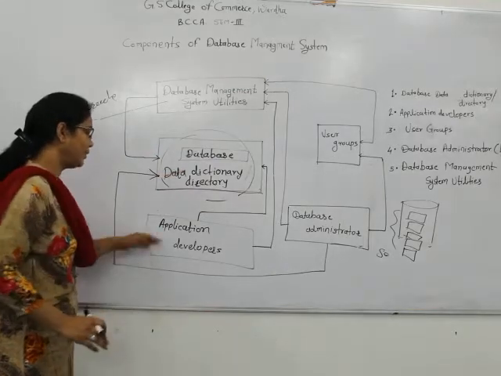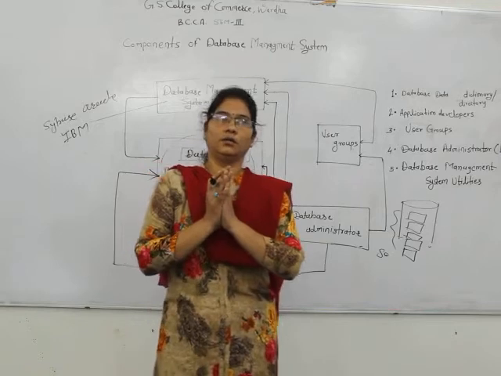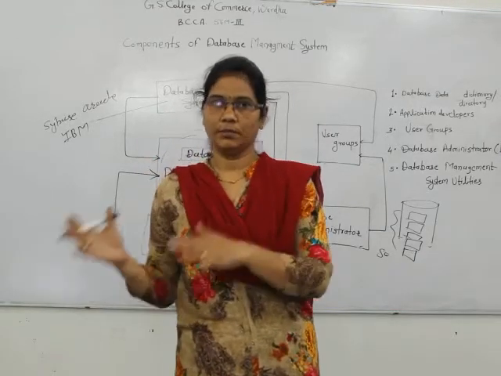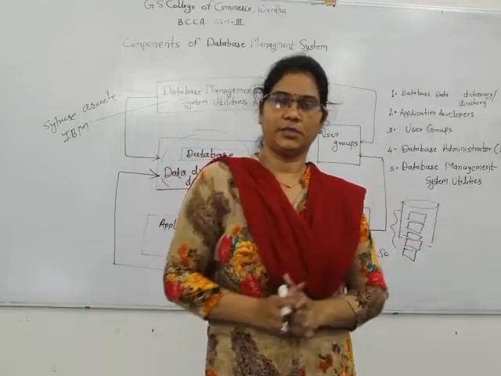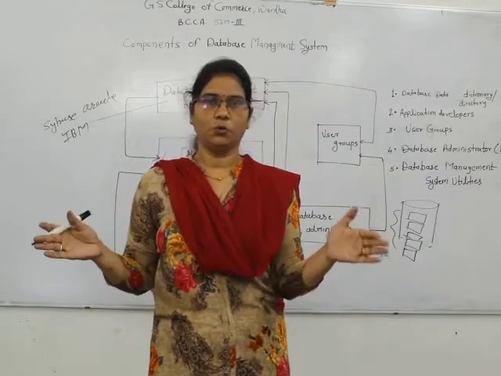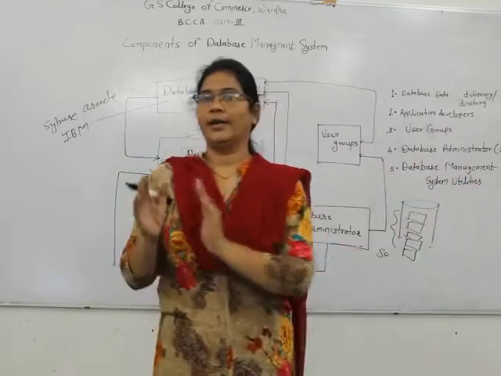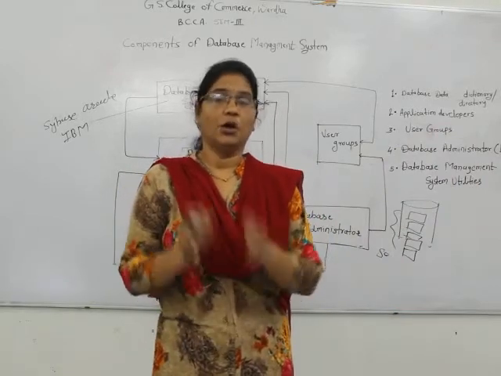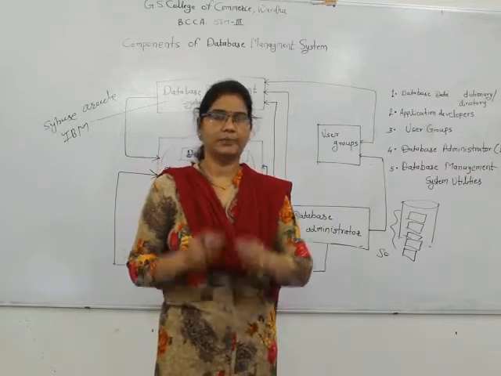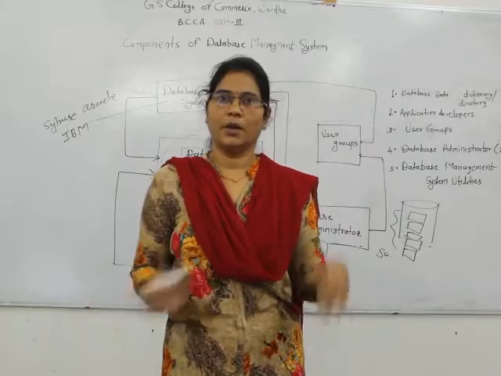Third one is application developer. I already told you when I covered the topic of conventional file processing system and database management system that in a database management system there are two groups: first, the database administrator, and second, the application developers. When we design the database management system, the work is divided into these two groups.